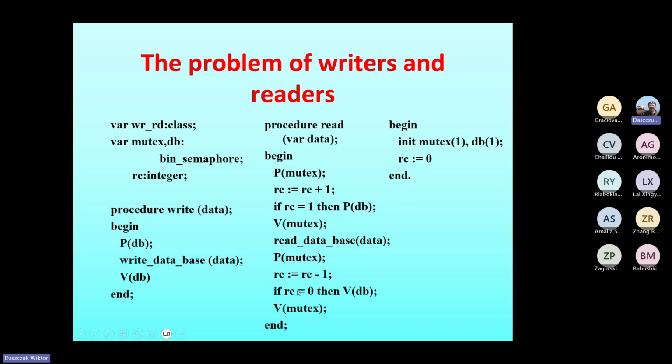And if we are the last one, which means that reader count changed from 1 to 0, we unblock access to the critical section. And finally, we leave the critical section of reader count.